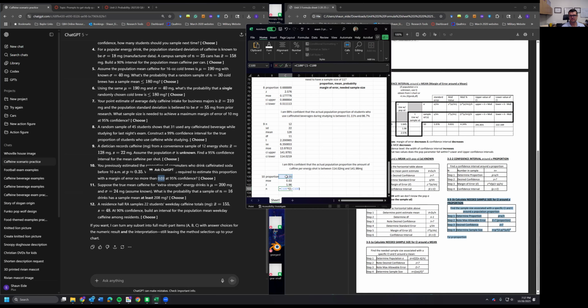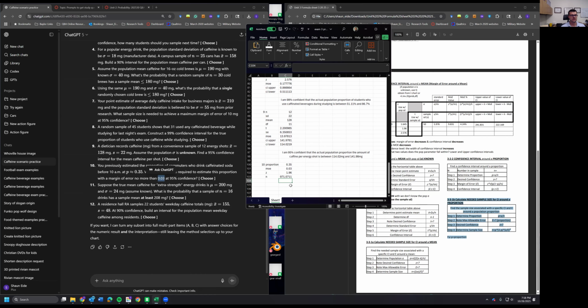There we go. 1 minus p multiplied by the z-score divided by the max allowable error. And then we're going to square it. So this gives us a needed sample size of 971.07, but we round that up to 972.